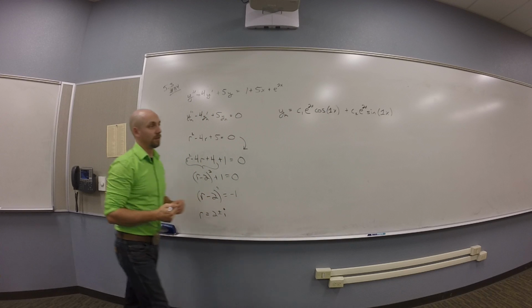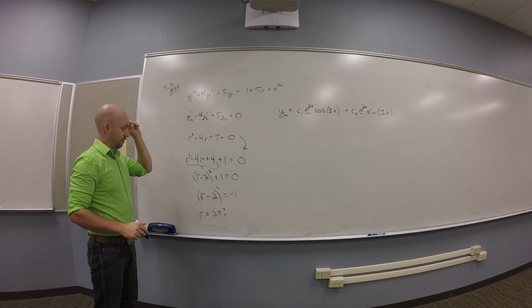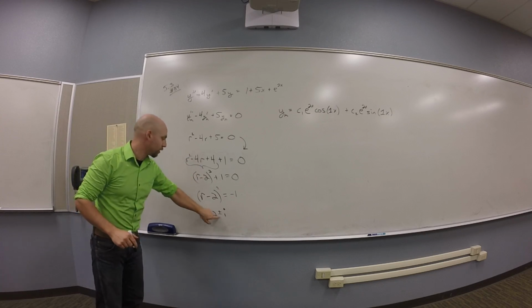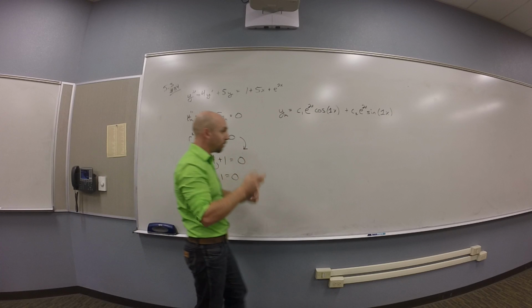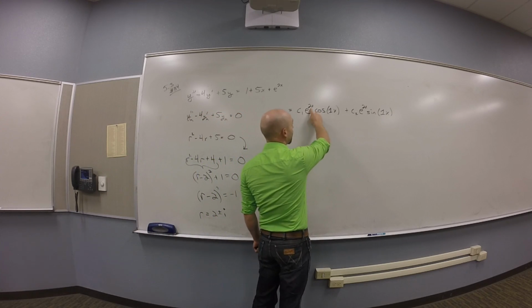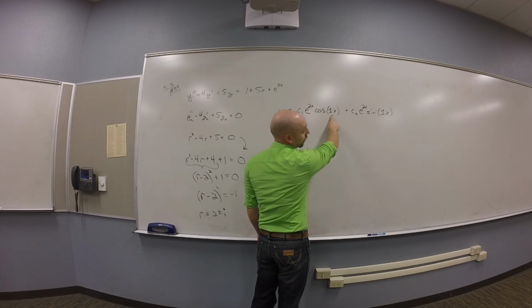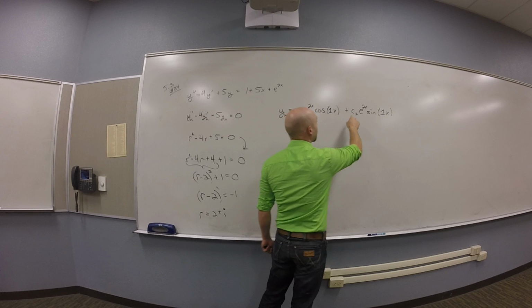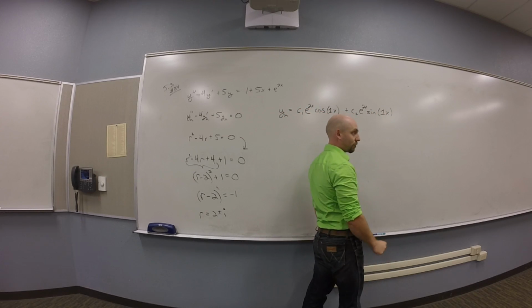Does it need to have another x up front because of the two of the same r's? They're not the same. There's a plus 1 and a minus 1. So when they come in conjugate pairs, when they're complex numbers, you get e to the real part times x, cosine of the imaginary coefficient times x, and then e to the real part times x and sine of the imaginary part times x.